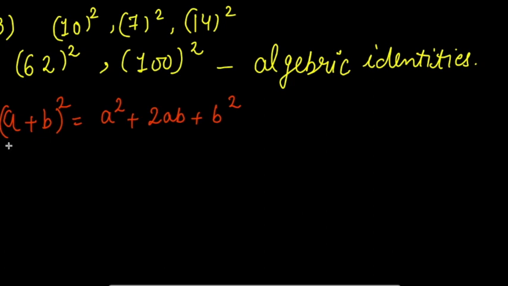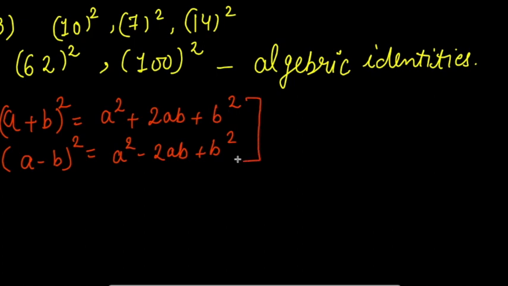Similarly, the second identity: (a minus b) whole square gives you a square minus 2ab plus b square, right? Using these two algebraic identities, we will learn to find the squares of the given numbers. You can pause the video to note down the identities.